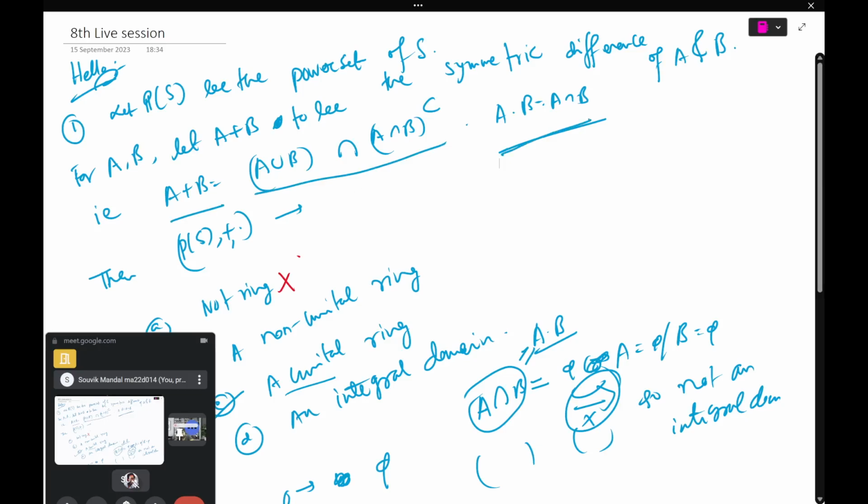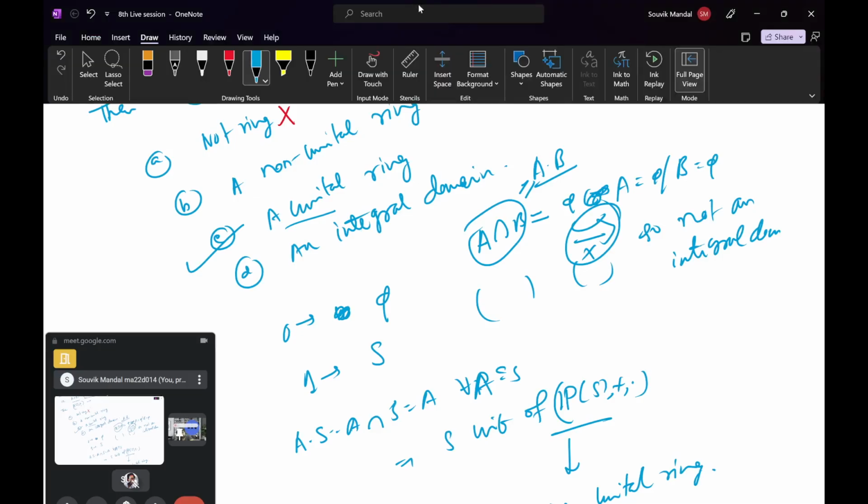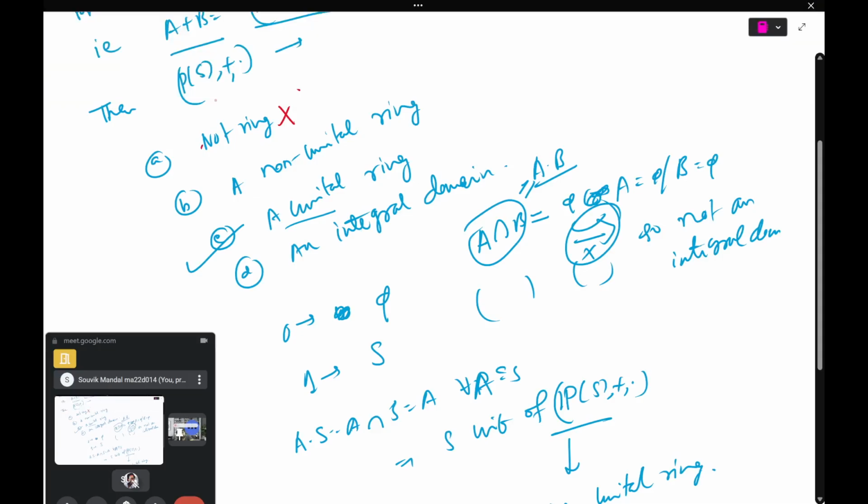Now the question is: is P(S) with plus and dot a ring, or a non-unitary ring, or a unitary ring, or an integral domain? Only one answer is correct. So obviously it is a ring. I hope you know why it is a ring, right?